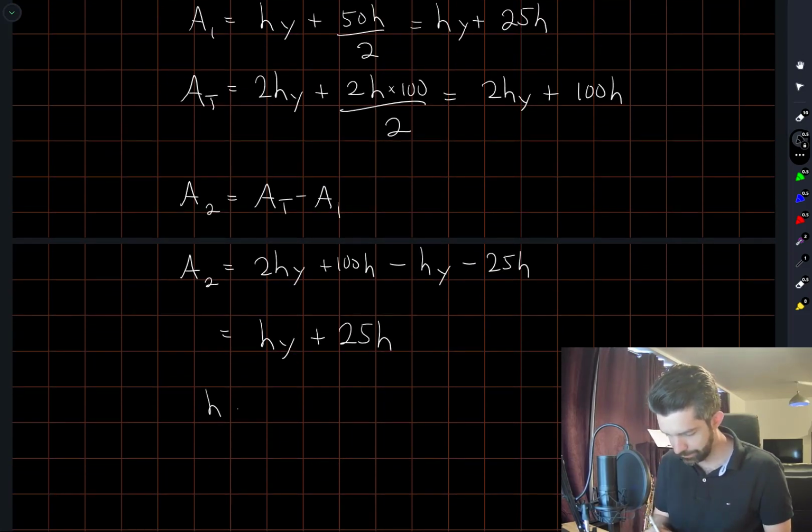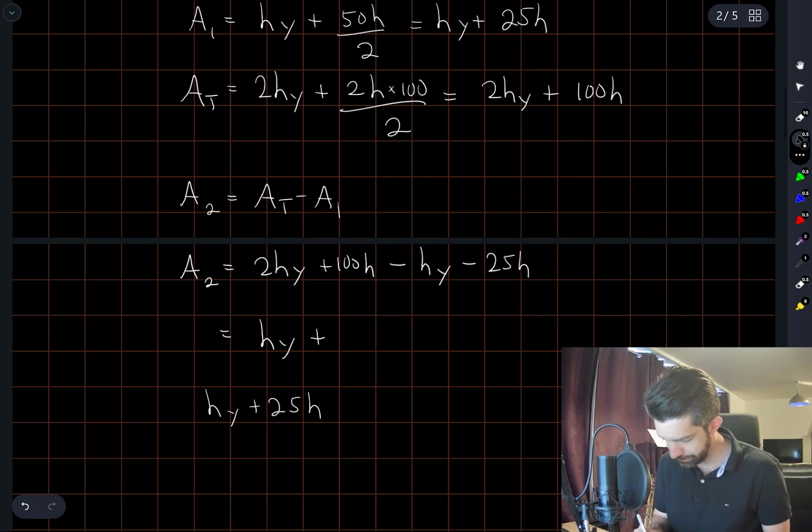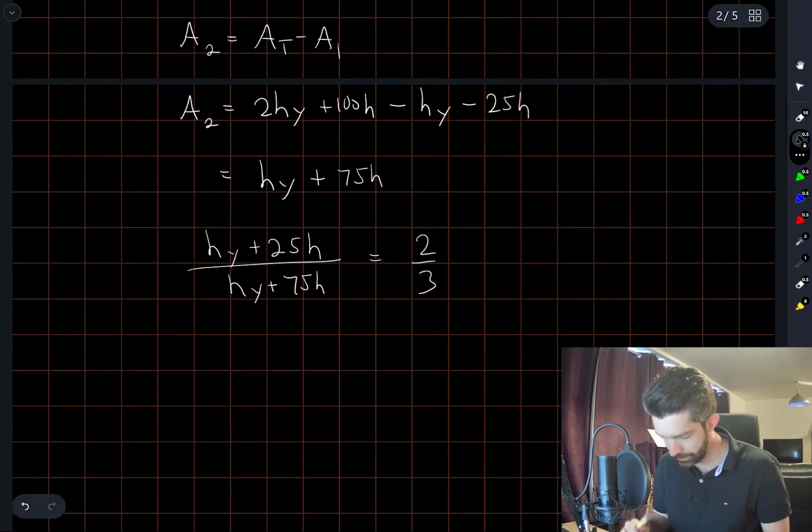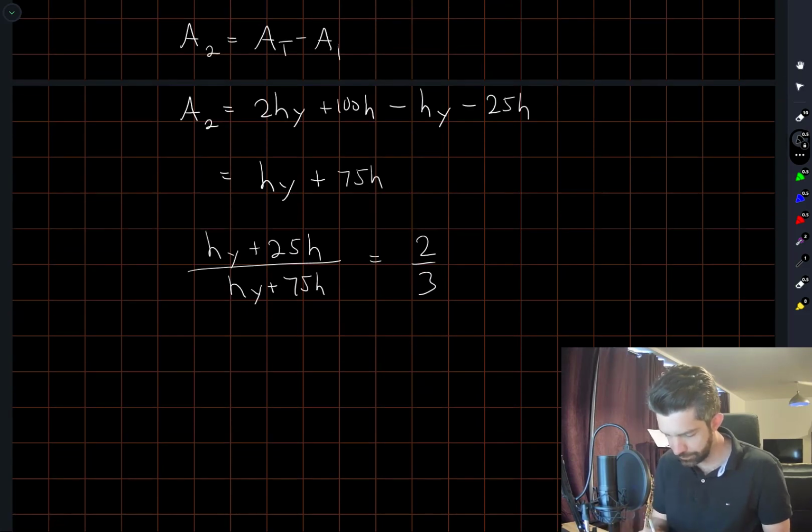So hy plus 25h divided by hy plus 75h is equal to 2 over 3. H cancels everywhere.